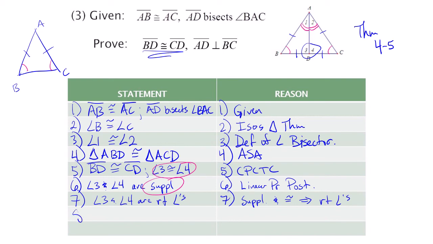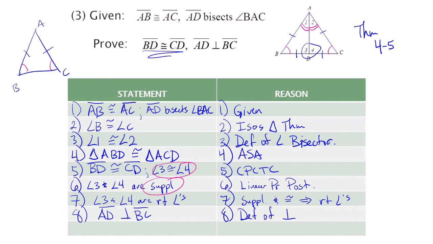And finally, we can say that AD is perpendicular to BC, right? Because they form right angles. So AD is perpendicular to BC, and that's by definition of perpendicular, because perpendicular lines form right angles.